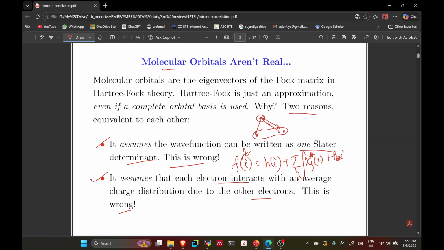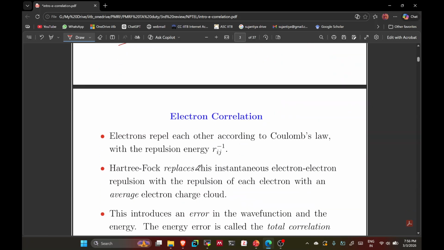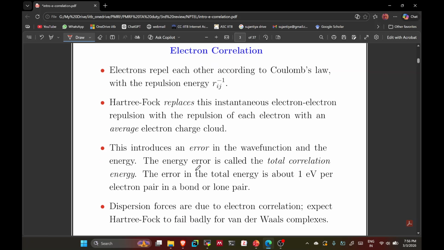So here you can see this is an average interaction. So this is an approximation, right? So here comes the electron correlation.